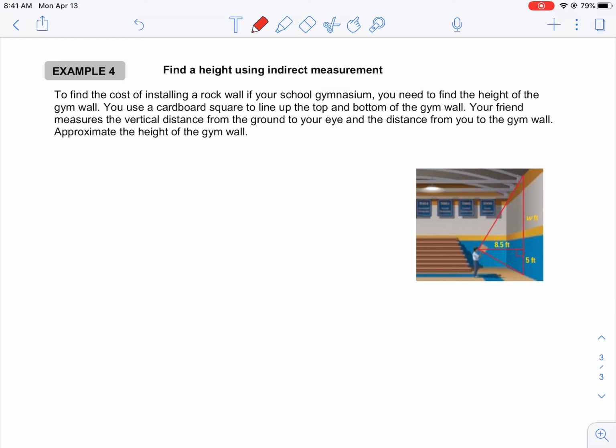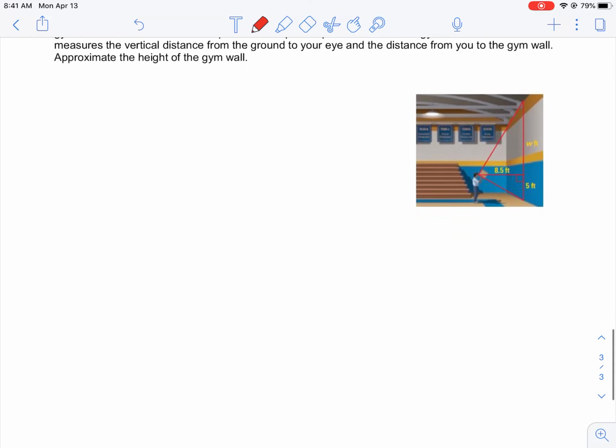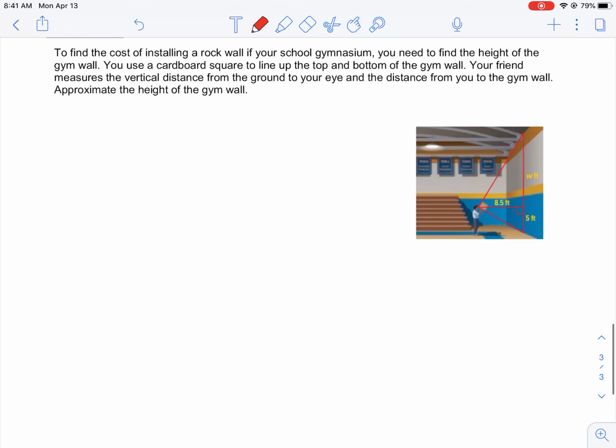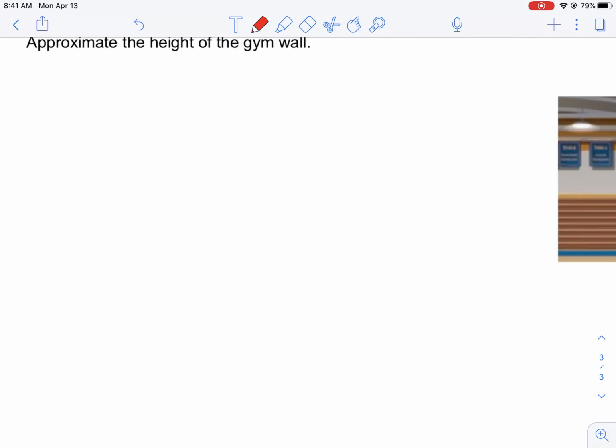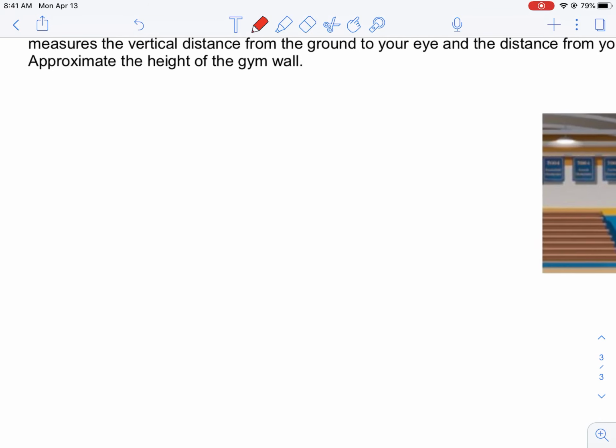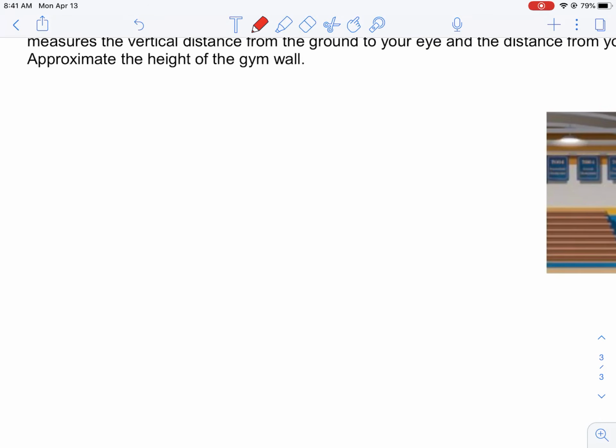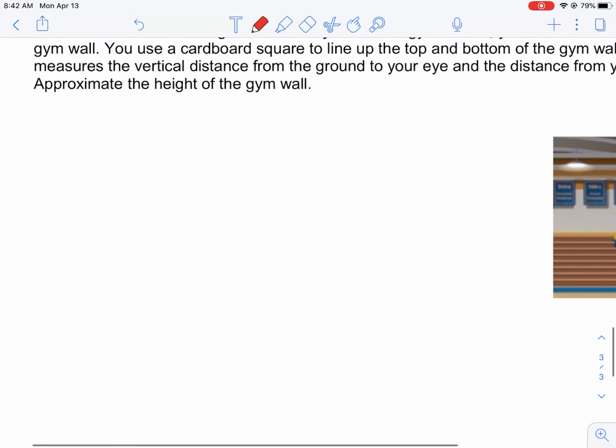So, how we're going to do this, we're going to set up a geometric mean, and we're going to write a proportion. So our geometric mean, we're going to use W, do we have a W? Yeah, we have a W, okay.